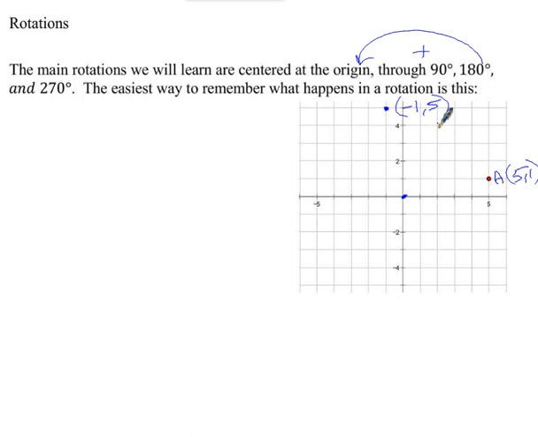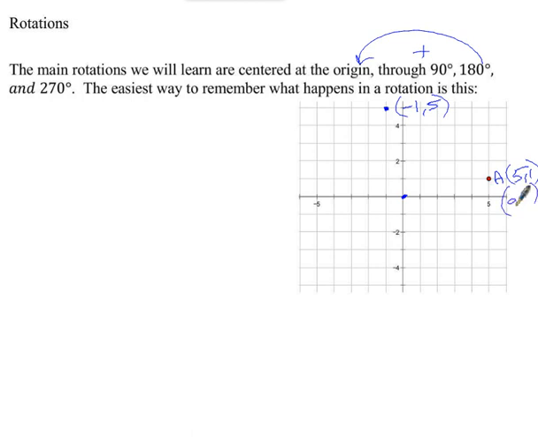Okay, so let's take a look. For a 90-degree rotation, let's take a look at my original ordered pair and my resulting ordered pair. What happened? Good.